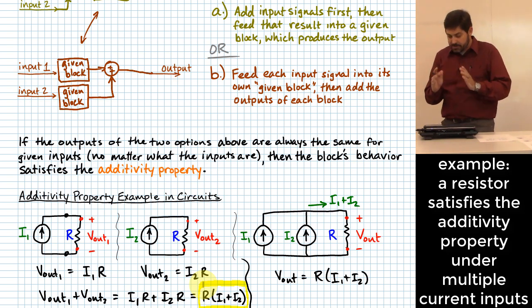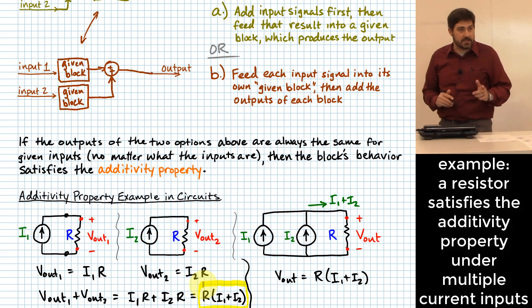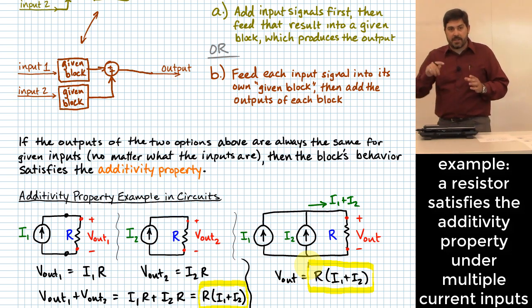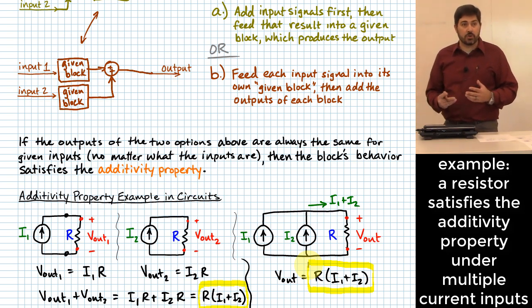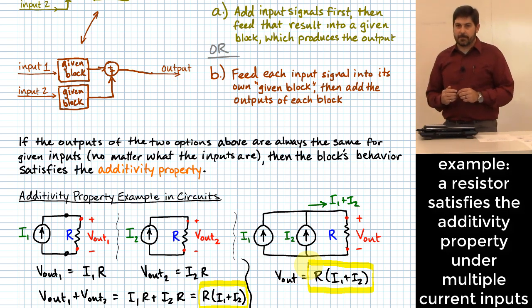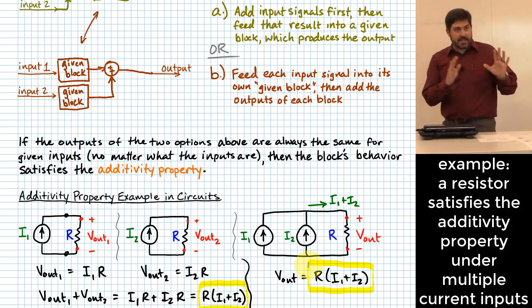Adding those two results gives you R times (I1 plus I2), which is the same thing you get if you add them together first and then feed them through the resistor. That makes sense? So this is one example of what we're doing with the superposition principle in circuits. But this is the additivity property.